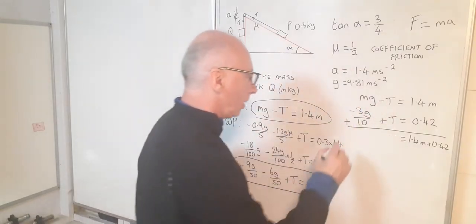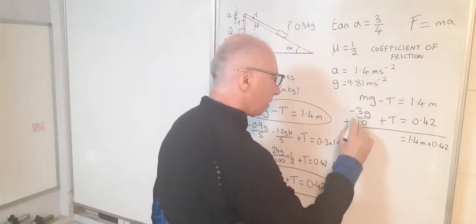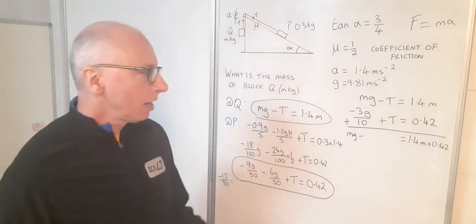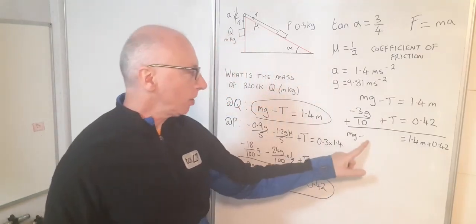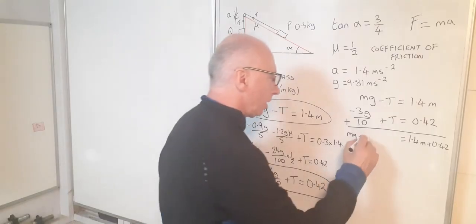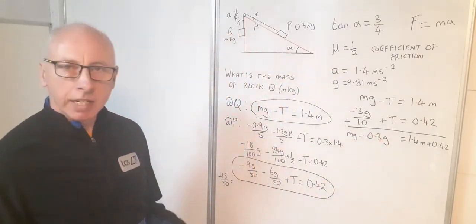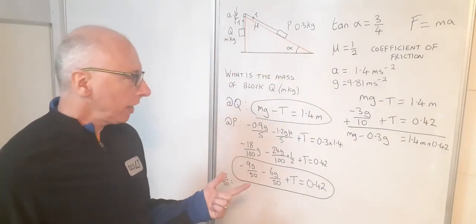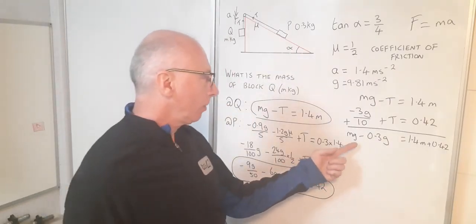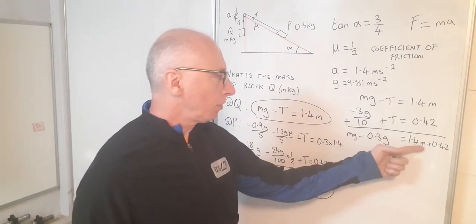Then I've got mg minus 3g over 10. As I've got a decimal here, I'm going to turn this one into a decimal, so minus 0.3g. Okay, get the m's on one side. Let's have a go at that. So I've got mg equals 1.4 m.